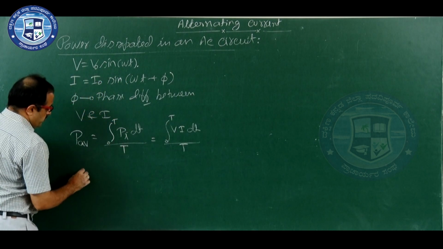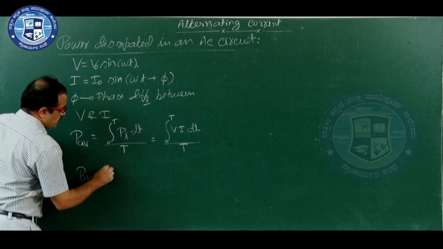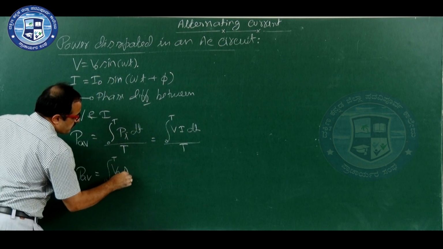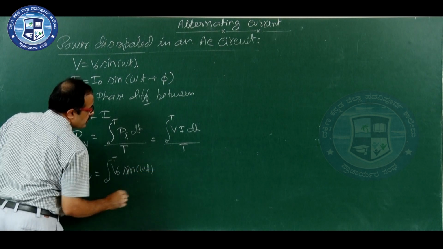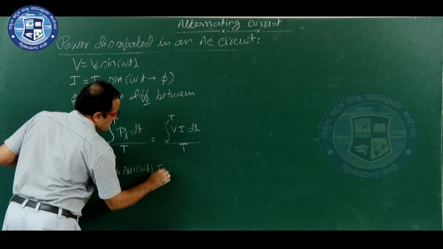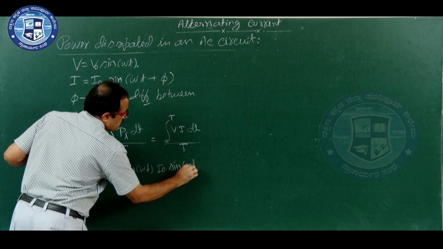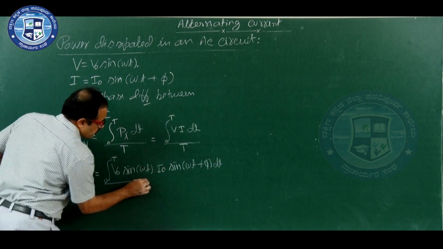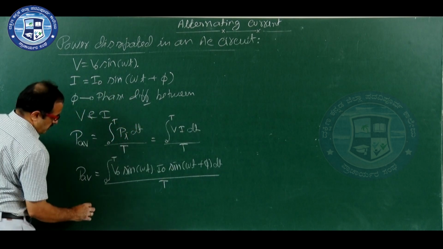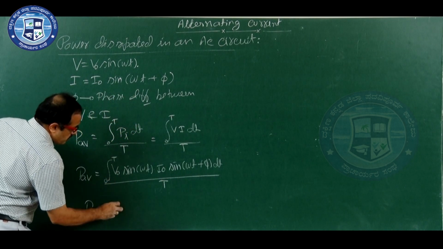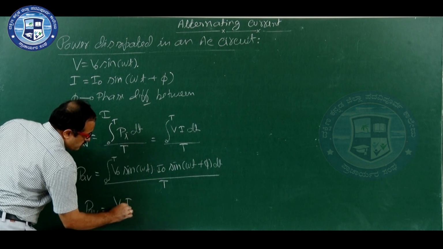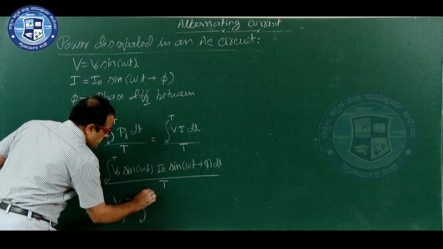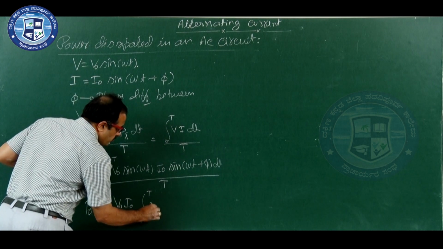Now we substitute P average equal to integration 0 to T V naught sin omega t into current I naught sin omega t plus phi into dt divided by T. P average, take V naught outside, I naught outside because they are the constant values, divided by T, then integration 0 to T, it is sin omega t.